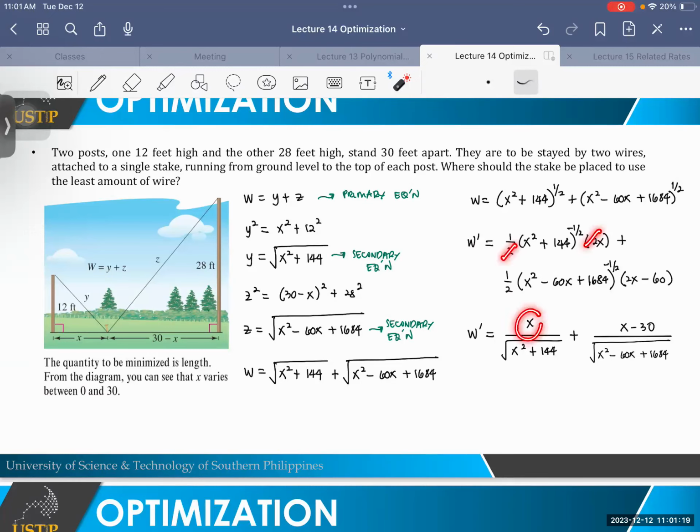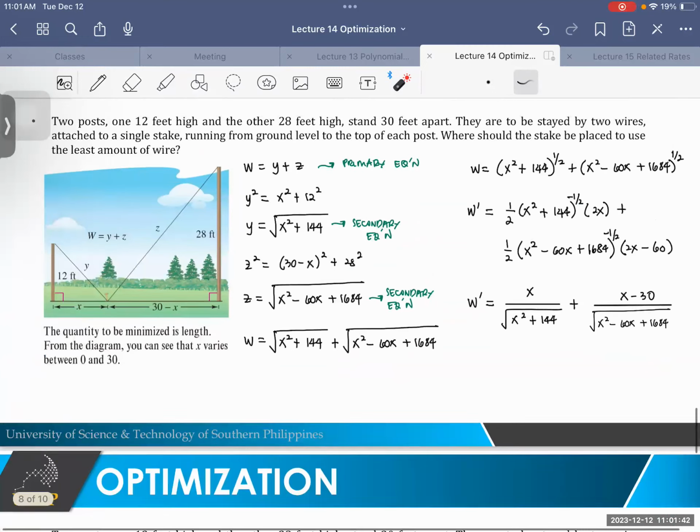Ang mabilin na is x sa babaw, dayon ato ning ipaubos. Square root of kana. Okay, plus, divided by 2 ni siya tanan, so that is x minus 30 all over square root of x squared minus 60x plus 1684. Okay? So muna ni atong expression sa derivative of w.